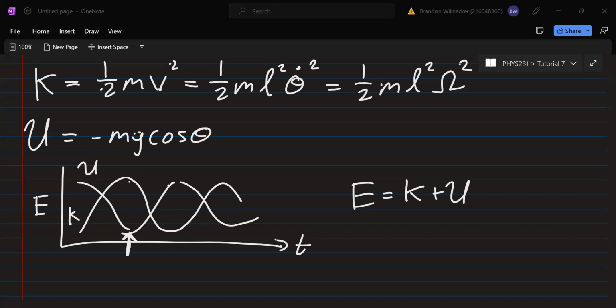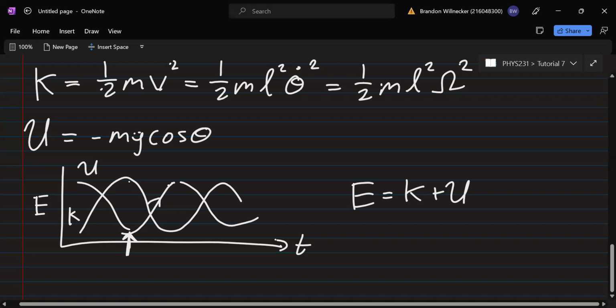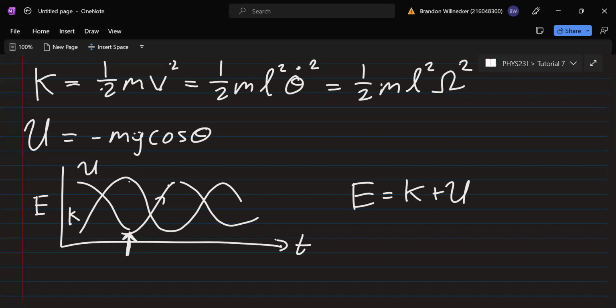Then the potential energy goes up again, and the kinetic energy goes down until it slows down at the maximum angle on the other side, and then the process continues. So we end up with this sinusoidal behavior.